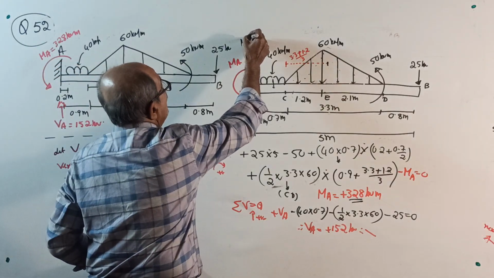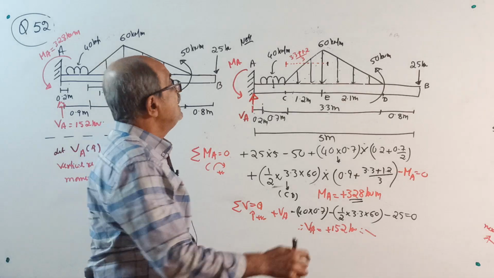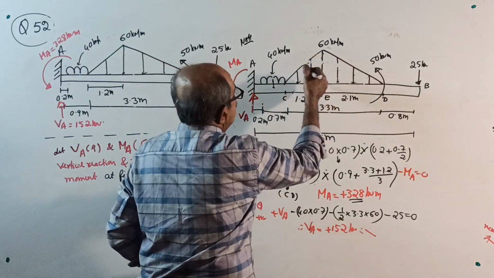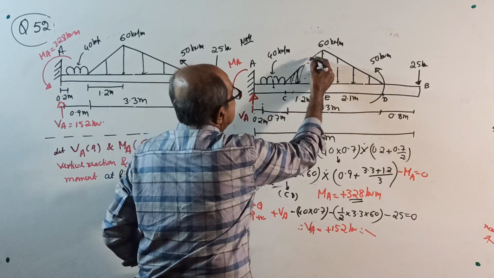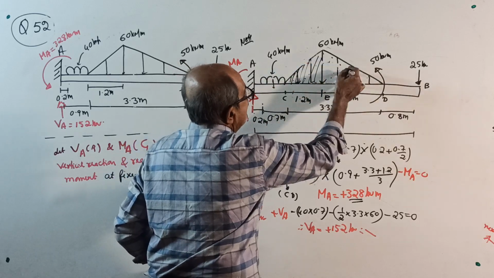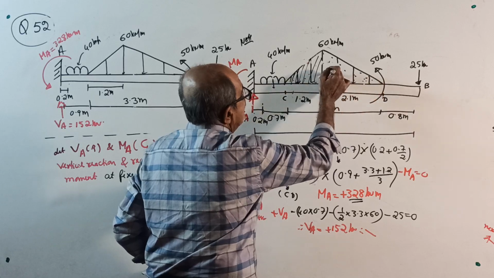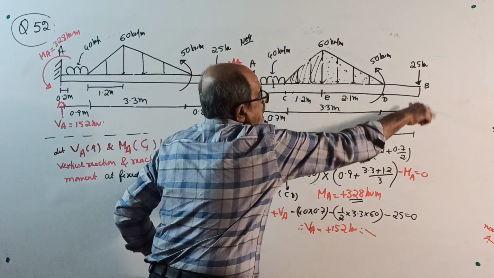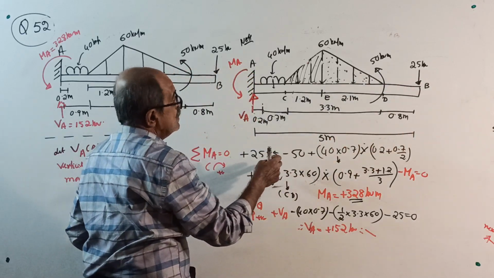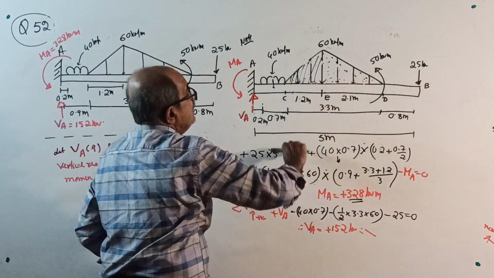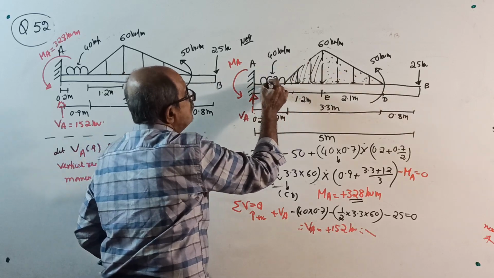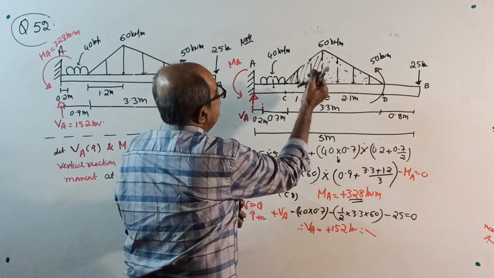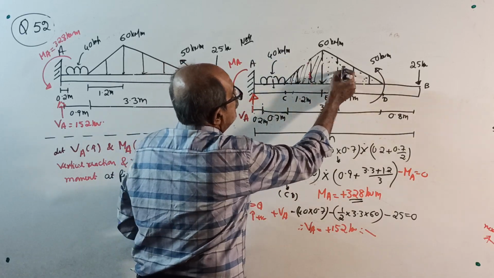One note make here. Sometimes people have difficulty with this formula. In that case, do one thing. You consider this triangle and this triangle separately. In that case, here 25 into 5 minus 50 plus 40 into 0.7 into the same thing, and then see, one load acting here, one more load acting here.